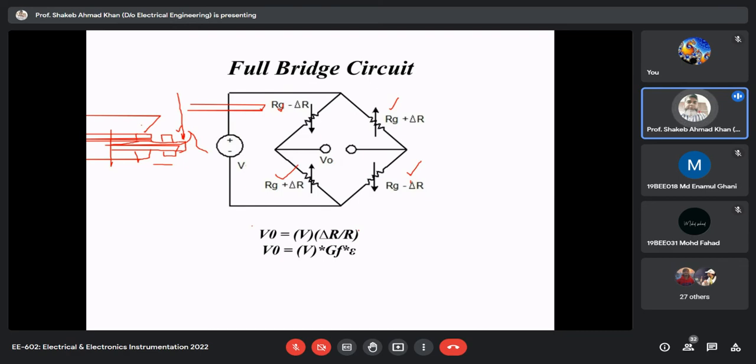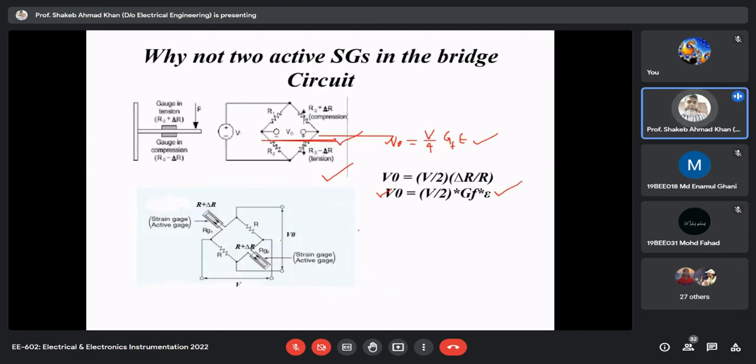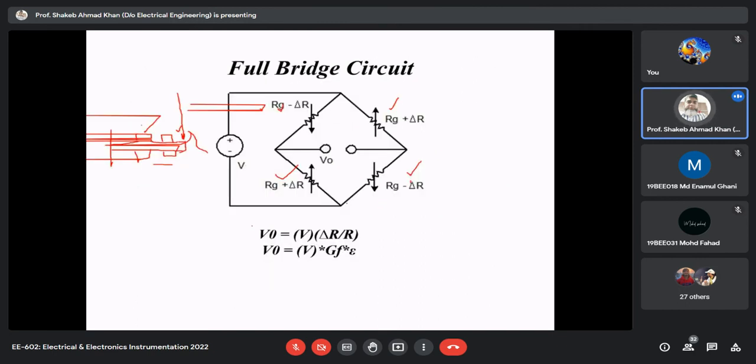If you compare with the quarter bridge, for the same strain, in the half bridge we are getting a response twice that of the quarter bridge, and here we are getting a response four times. So sensitivity has enhanced four times along with the temperature compensation.